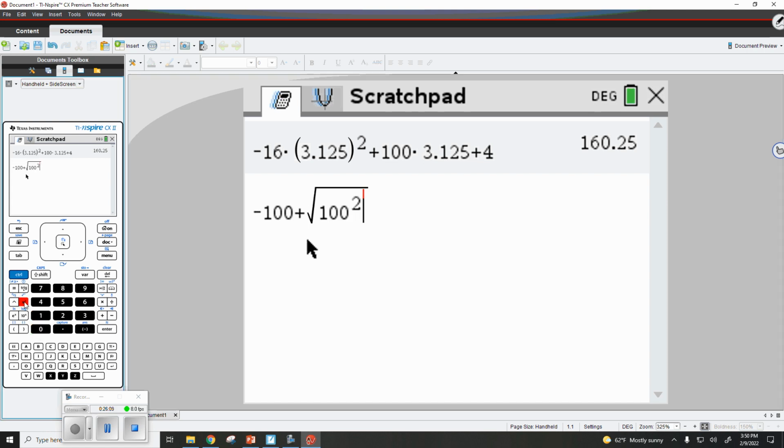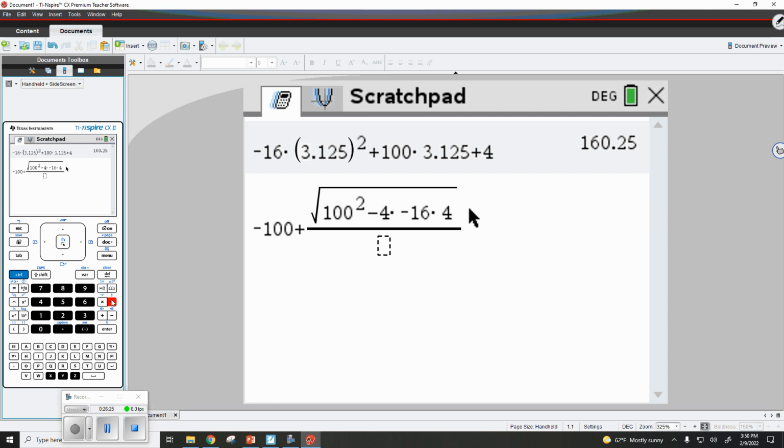So 100 squared minus 4 times negative 16 times 4, all over, well, that's not what I wanted.